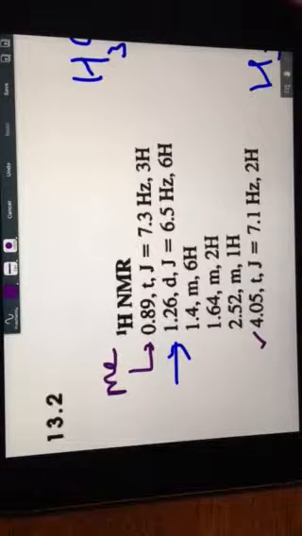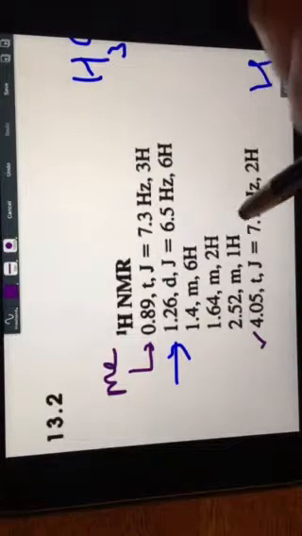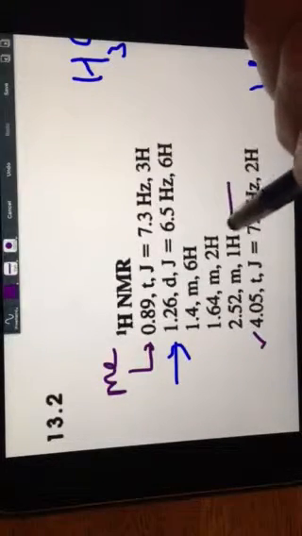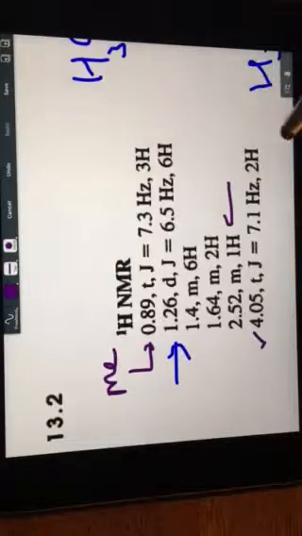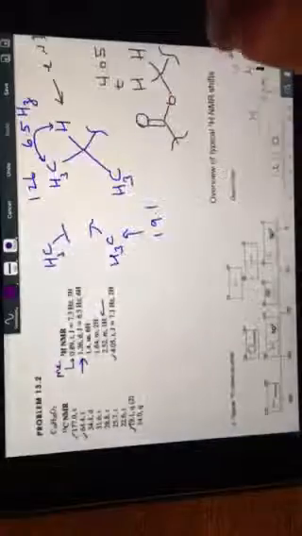So then we have a number of multiplets that are left over. This multiplet here is appearing at 2.52 as a multiplet as 1 hydrogen.